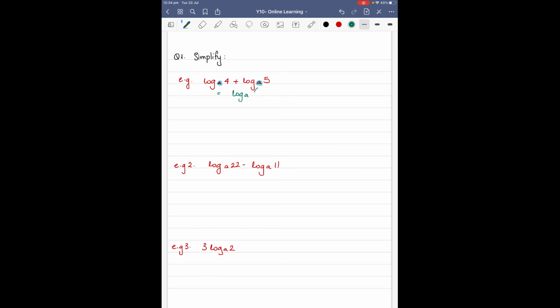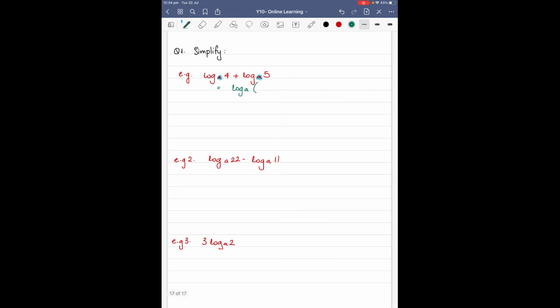Log base a, I want to see working out. Look at the plus sign: if you tilt your head, it looks like a times. 4 times 5 is 20. So go to the next line, log a 20. That should be how you set out your working.